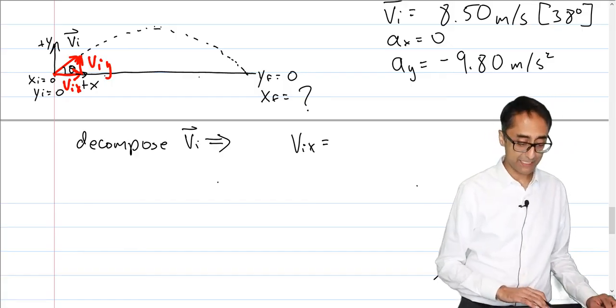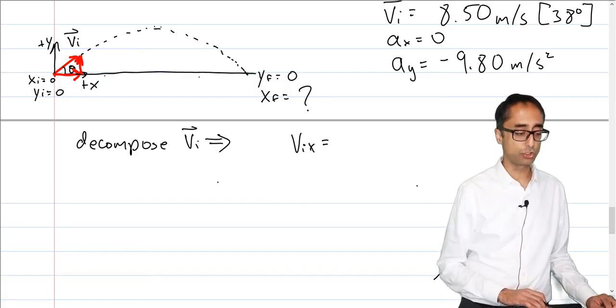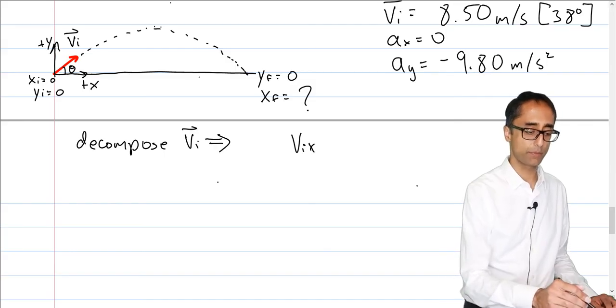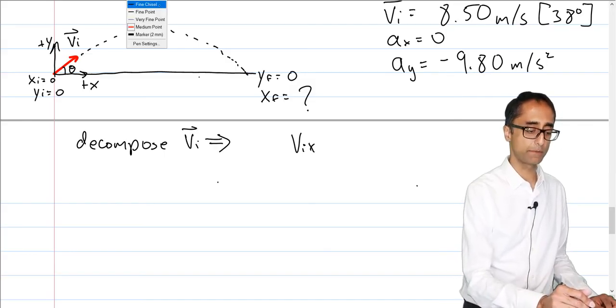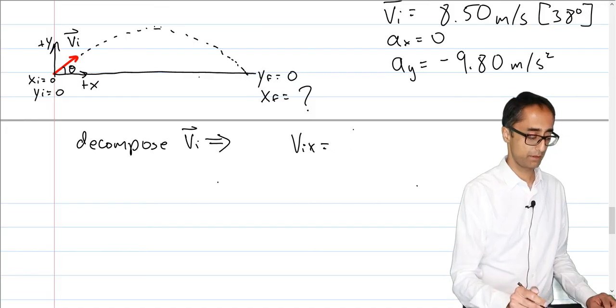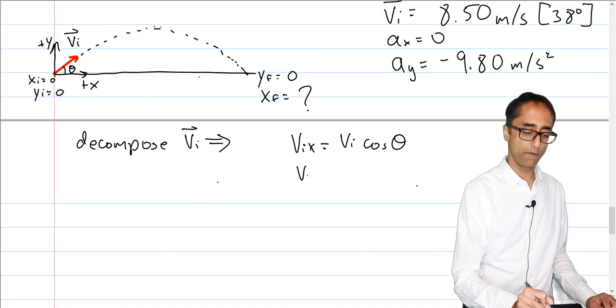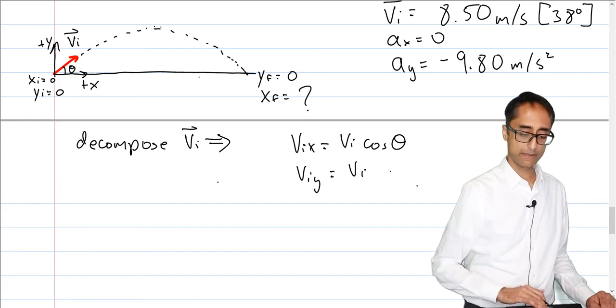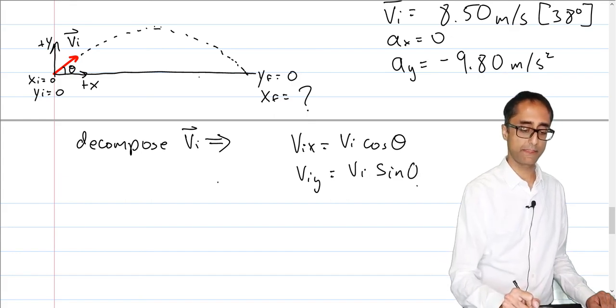We can get v initial x because it's the value that is adjacent to the angle. And so adjacent, if you remember your trig, is cosine. And so that's v initial cosine of theta, while v initial y is going to be equal to v initial sine theta.